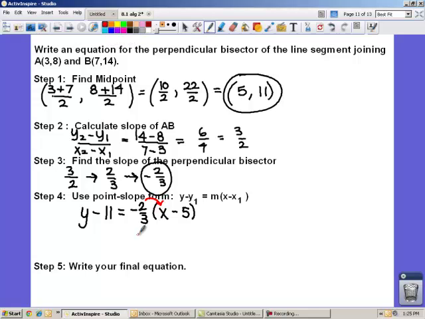So this is going to be negative 2/3 x, and we have positive 10 over 3. And then all we have to do is add 11 to both sides. So our new equation will be all of this.